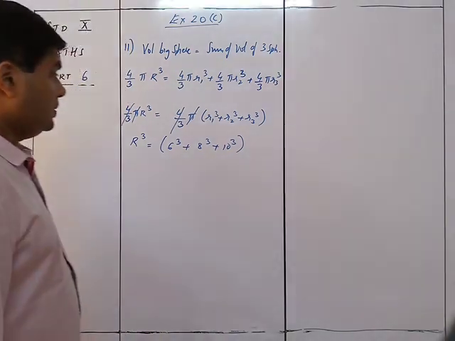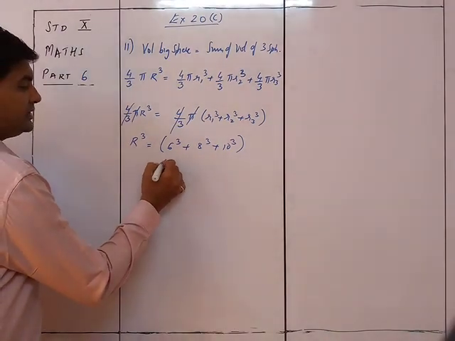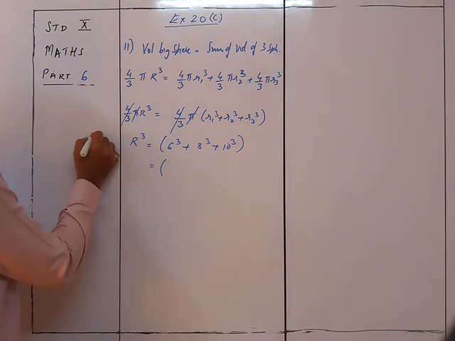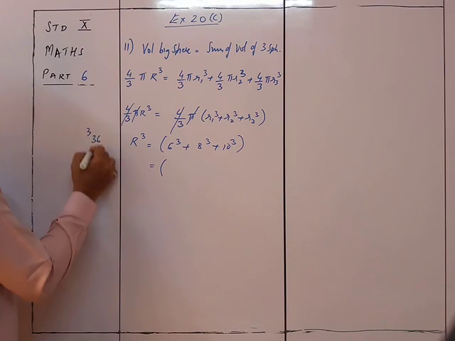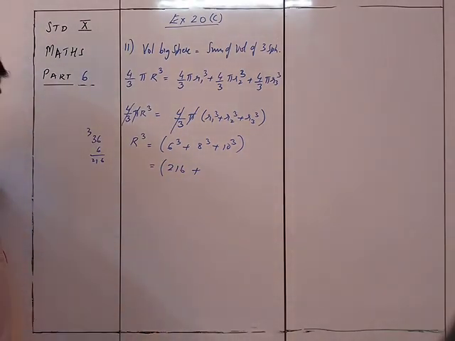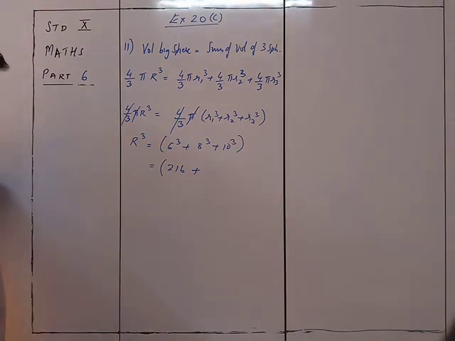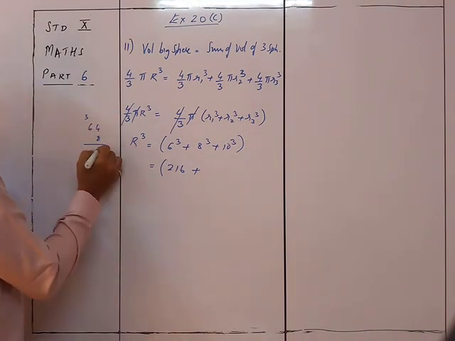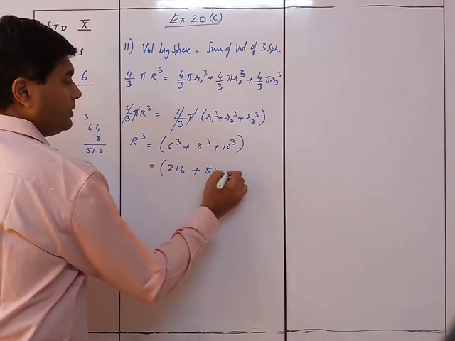Clear? So accordingly, this is 6 into 6, 36. 36 into 6 is 216. I'll just check it. 6 6s are 36 and 6, 18, 19, 20, 21. So it is 216. 8 cube is 64 into 8. So 64 into 8, 8 is 32, 48, 51. So 512 plus 1000.